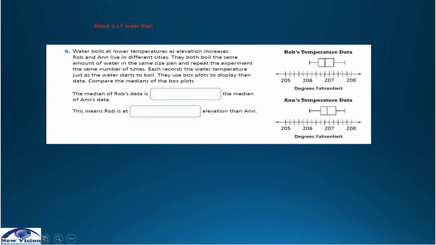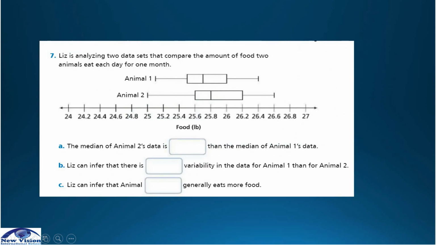You will have exactly about 0.1 degrees Fahrenheit lower than the median of Anna's. So this means Rob is at greater or higher? You will say it has a higher elevation than Anna. So let's proceed to number 7.